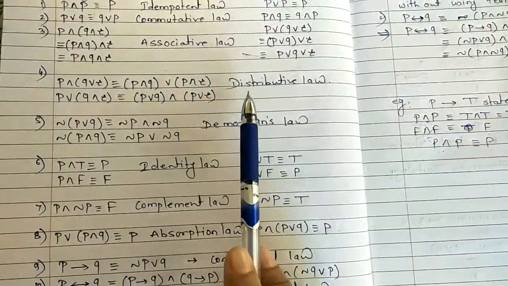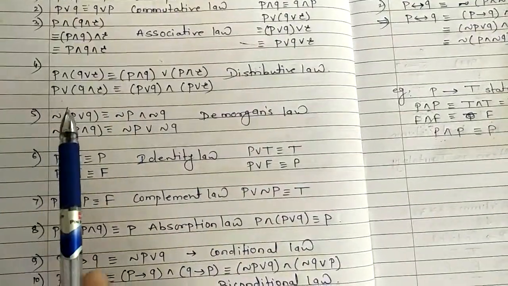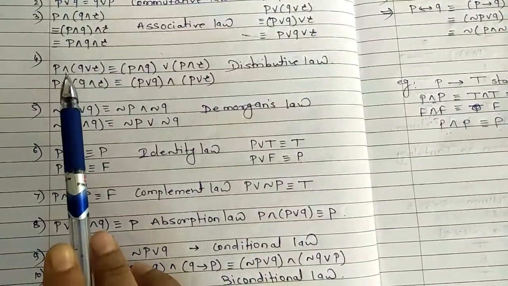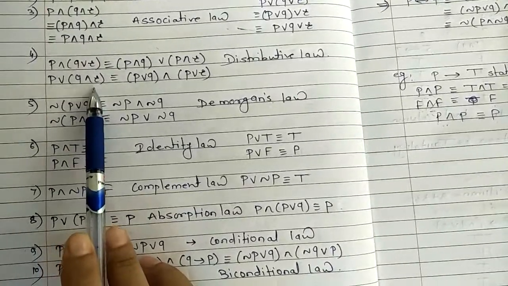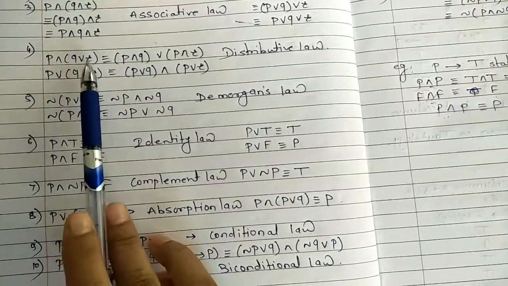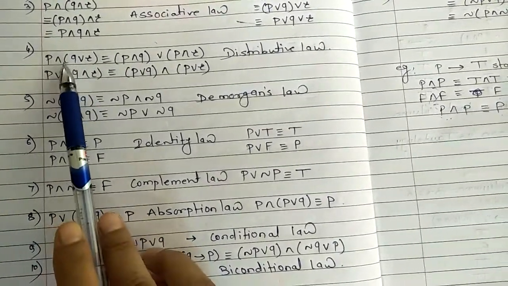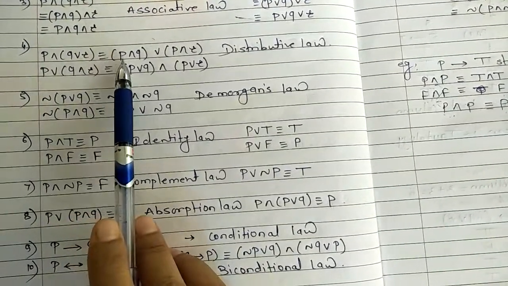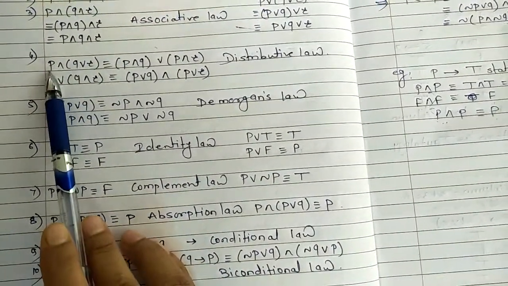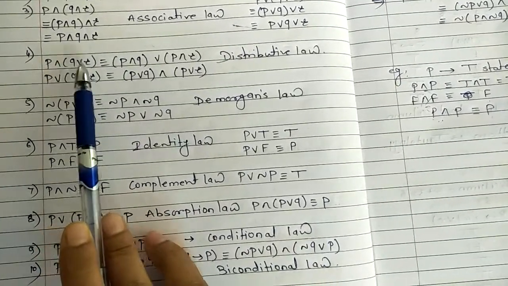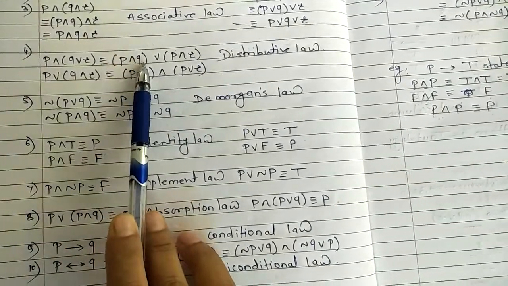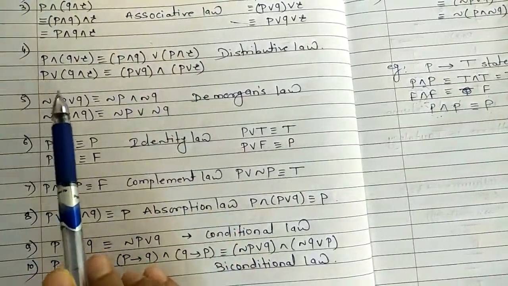The next law is the distributive law. The distributive law is applied for conjunction over disjunction, and also disjunction over conjunction. That means the two connectives are different. So P and (Q or R) is equivalent to (P and Q) or (P and R).